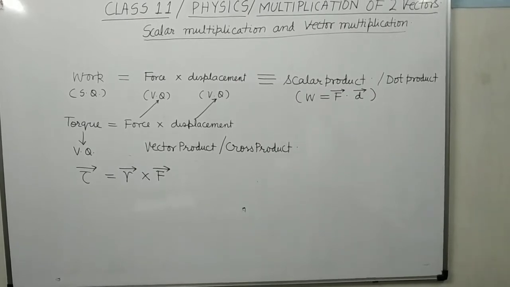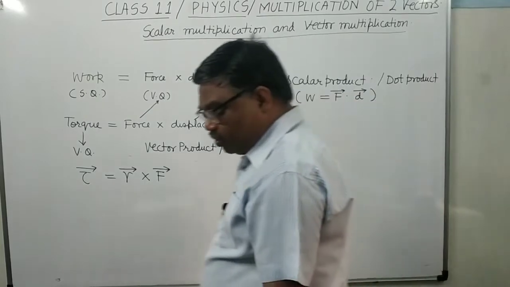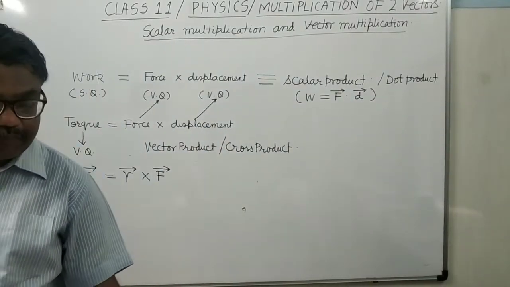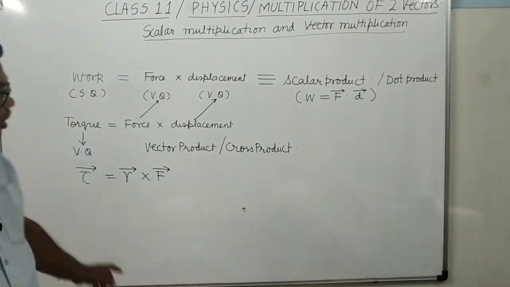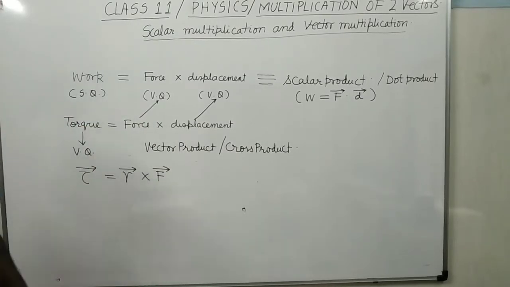Now both are symbolically represented in a different way. In one case we write it as the dot product, meaning we put the dot sign between two vectors, while in the vector product we put the cross sign between two vectors.